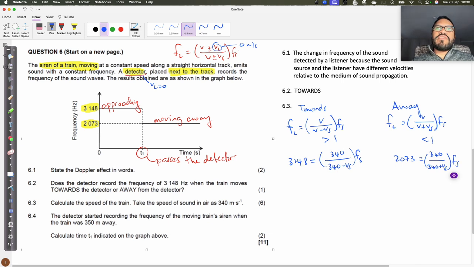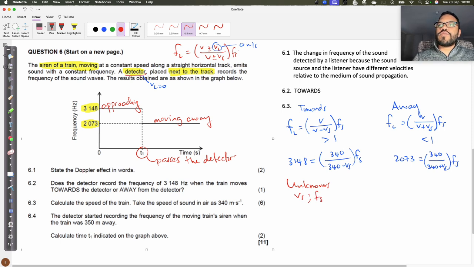Okay, now look at this. You need to observe that I have two equations with two unknowns, right? The unknowns are Vs and Fs, those two. Because this Fs and this Fs are the same thing, I'm going to make that the subject of the formula, because when I have two equations with two unknowns, I can use simultaneous equations to solve.